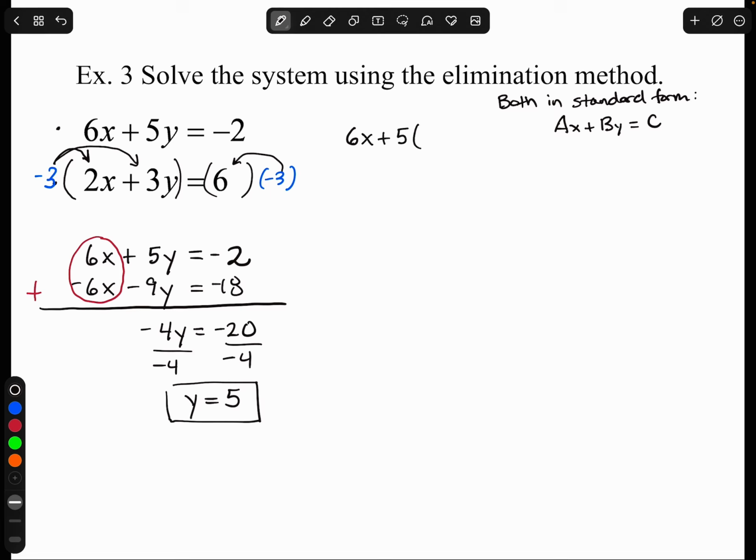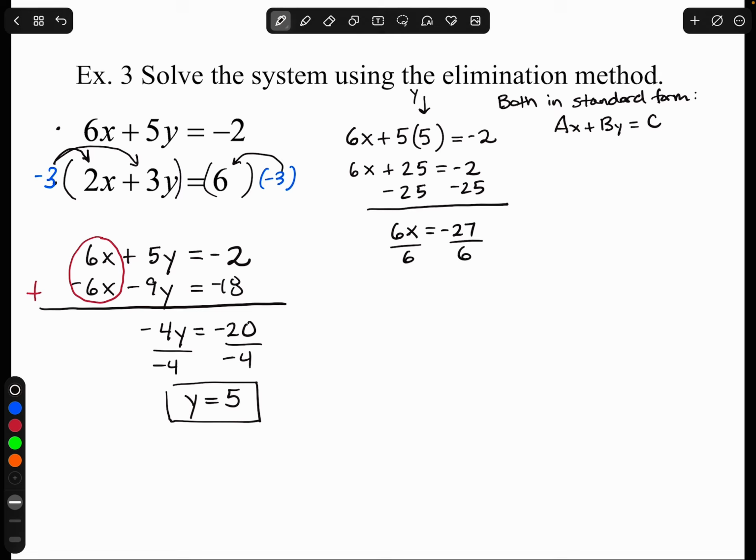So I'm going to plug it into the top one, 6x plus 5 times 5, we're substituting it in for the y, equals -2. So 6x plus 25 is equal to -2. Subtract 25 from each side.